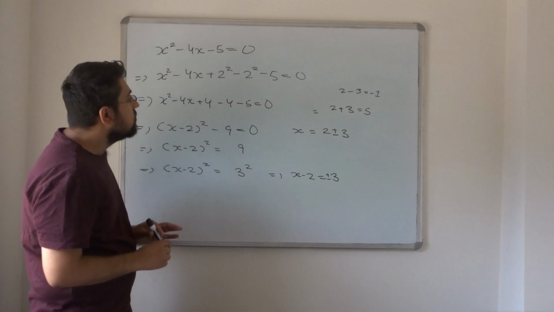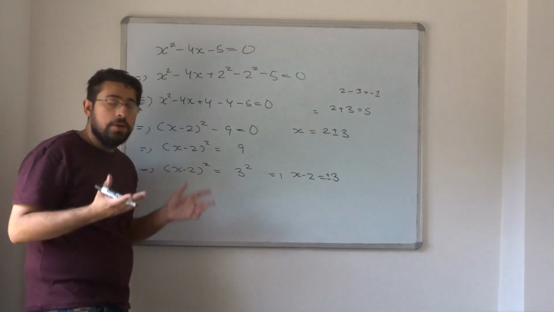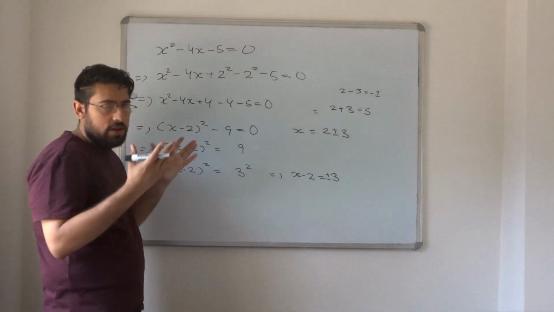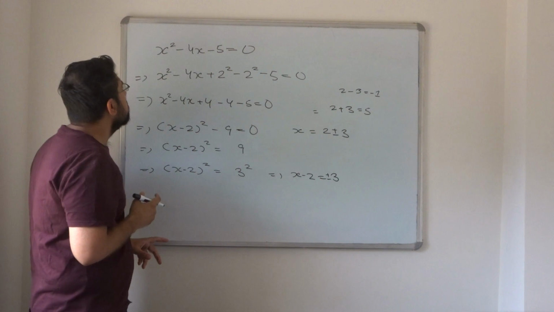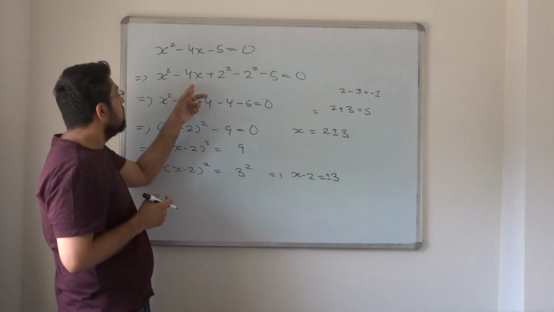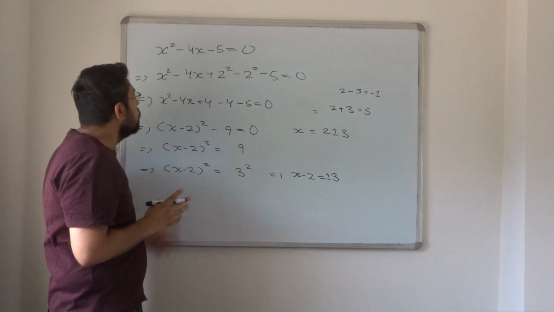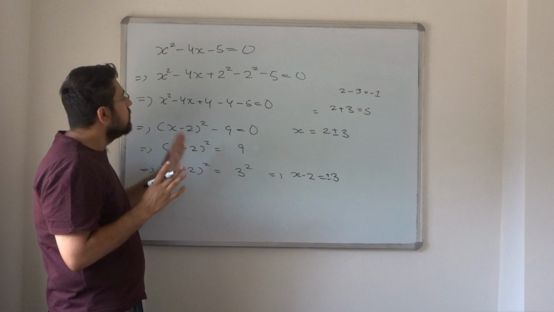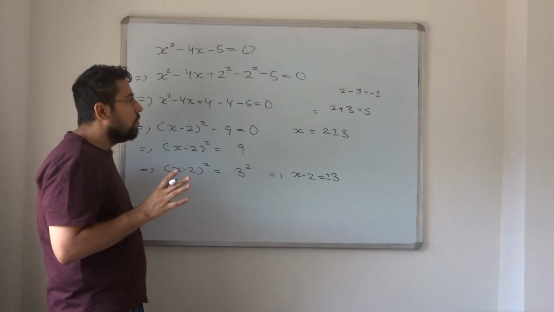Now let me tell you one more thing before I go to the next example. I feel I probably missed out a few things. Whenever you have to complete the square, you always look at the number in front of x. You have two options to find half the value of that number.